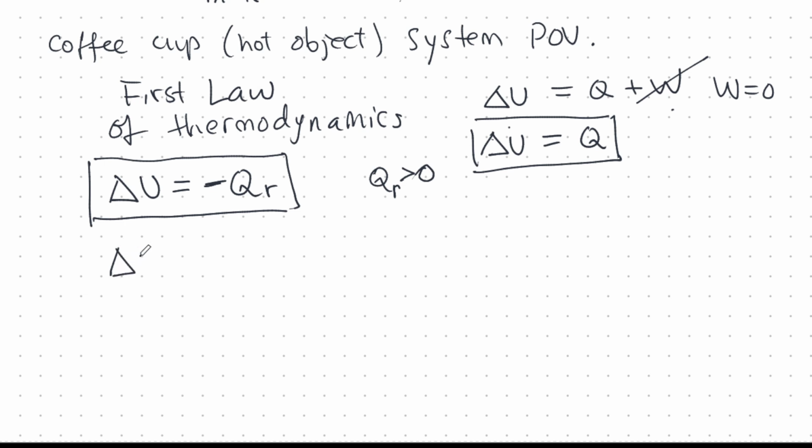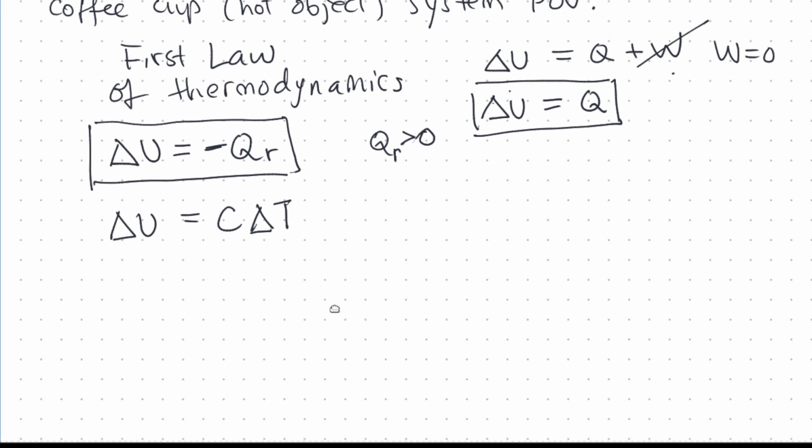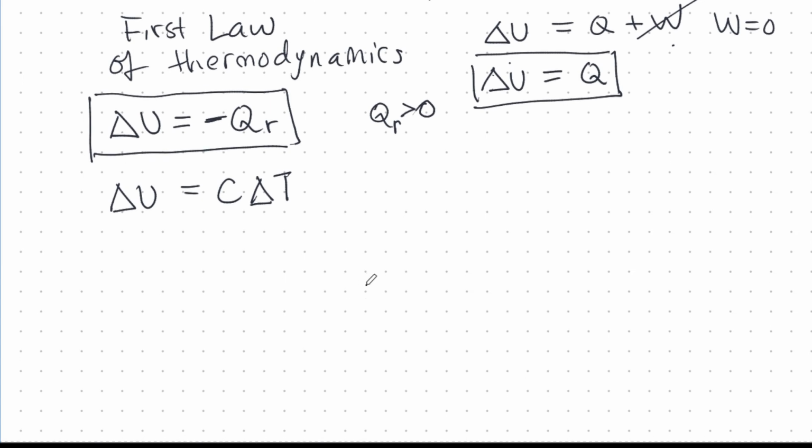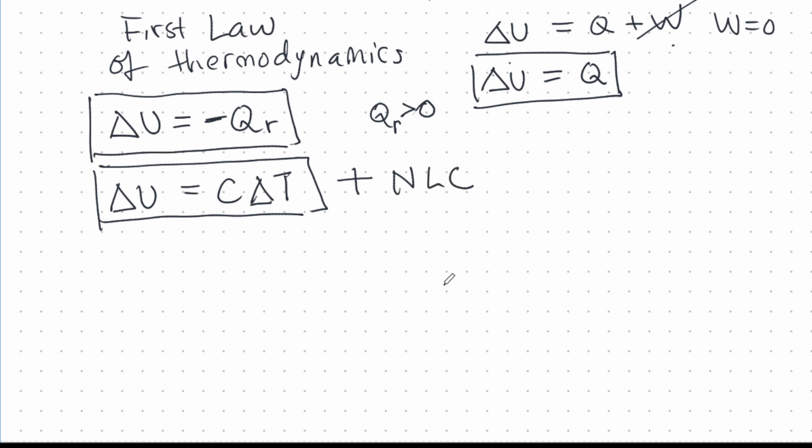Now, also we know that the change in internal energy is the heat capacity times the change in temperature. This is kind of a definition of heat capacity, the relationship between internal energy, temperature and heat capacity. So we can plug all these facts together. We can take this and combine it with Newton's law of cooling.